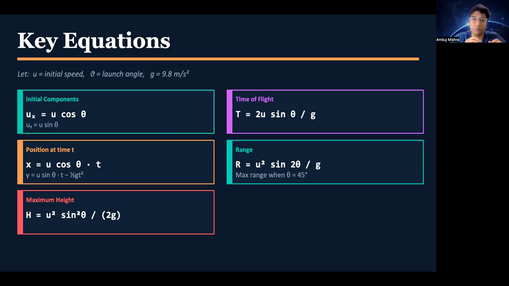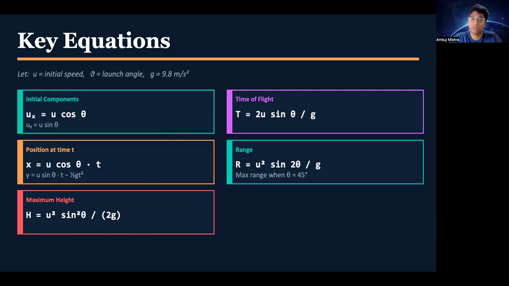So ux, which is u cos theta, horizontal, remains constant throughout, and uy, which is u sin theta, is the vertical velocity, which changes according to the g force applied on the projectile. Now position. Since the horizontal velocity is constant, the horizontal position is nothing but velocity times time, which is u cos theta times t.